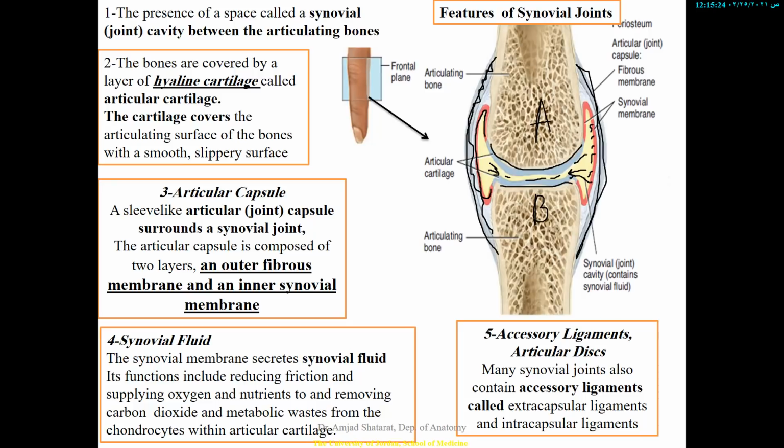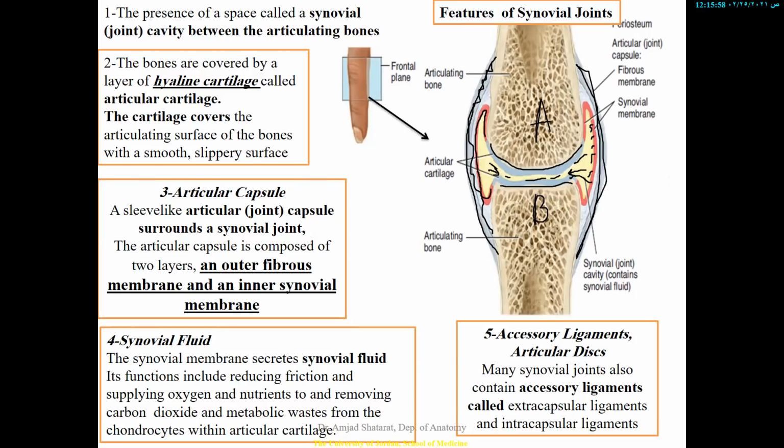In fact, all synovial joints are named after the synovial fluid. This lubricant minimizes the friction between the articulating bones, and it is essential to the development and to the activities of the joint itself.